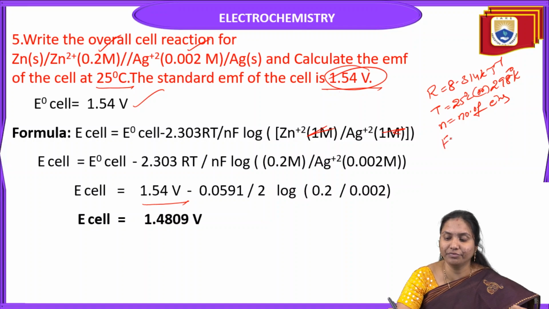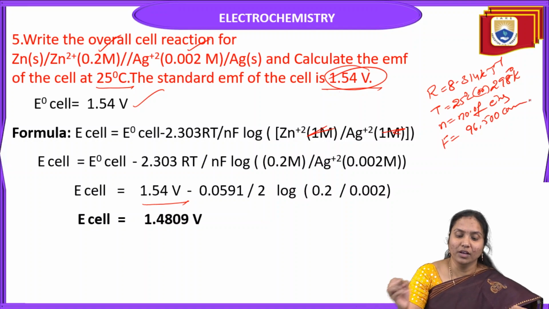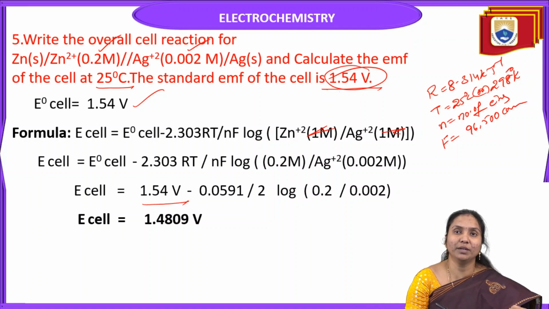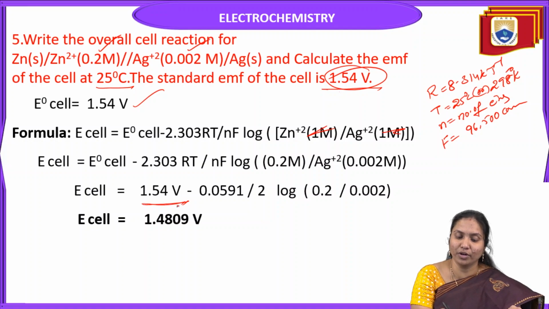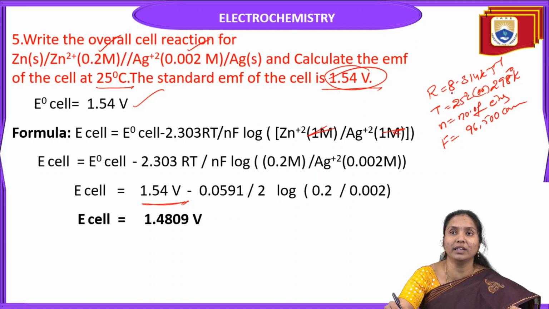And F means 1 Faraday. 1 Faraday equals how many coulombs? 96,500 coulombs. So here 2.303 RT by NF log, the concentration of zinc is 0.2 and the concentration of silver in the data is 0.002 m. So E cell equals the E naught cell value 1.54 volts minus, we can substitute these R, T, N, F values in this equation.